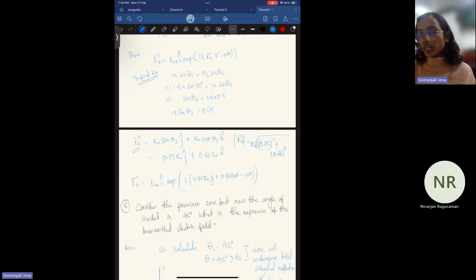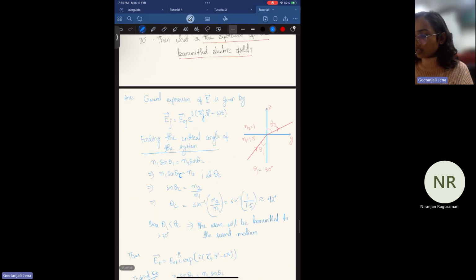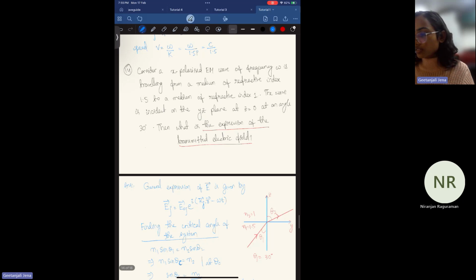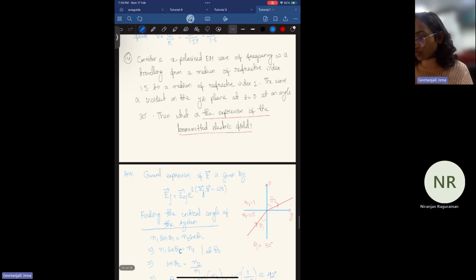Shouldn't the k0 be adjusted for the new medium? Adjusted in consideration of the medium of refractive index 1.5 to 1.